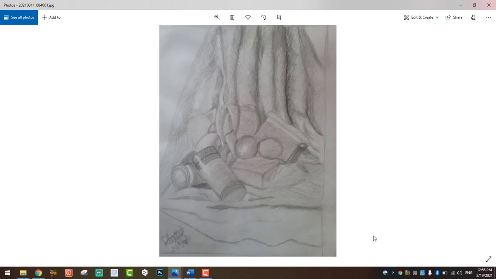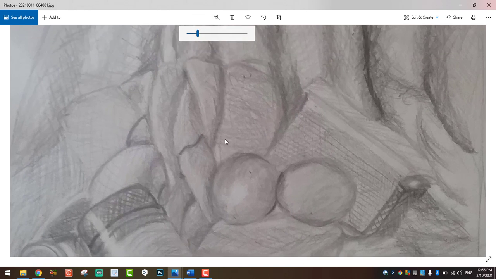You got a problem with construction. You got a problem with shading. And these are simple objects. These are not complicated objects. So there's a whole lot that you're going to have to go back to the drawing table and work on.